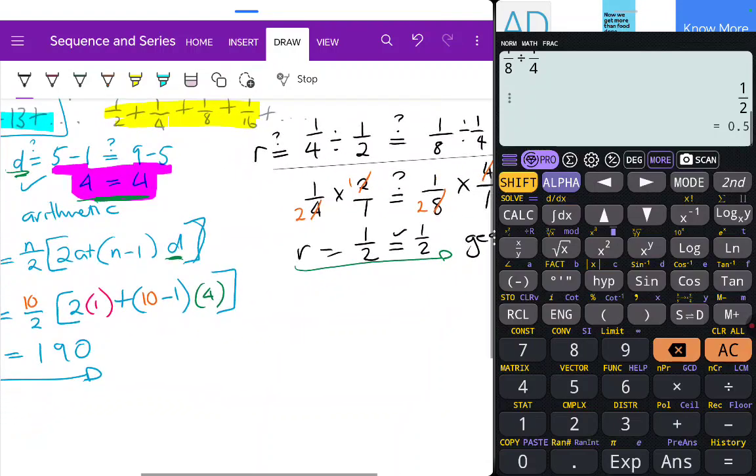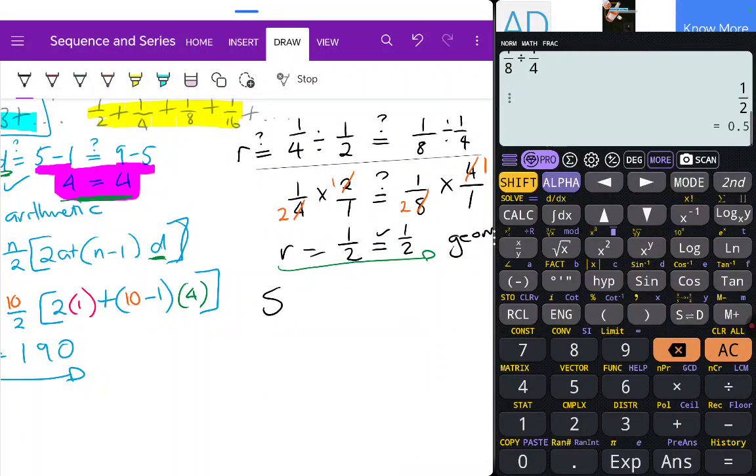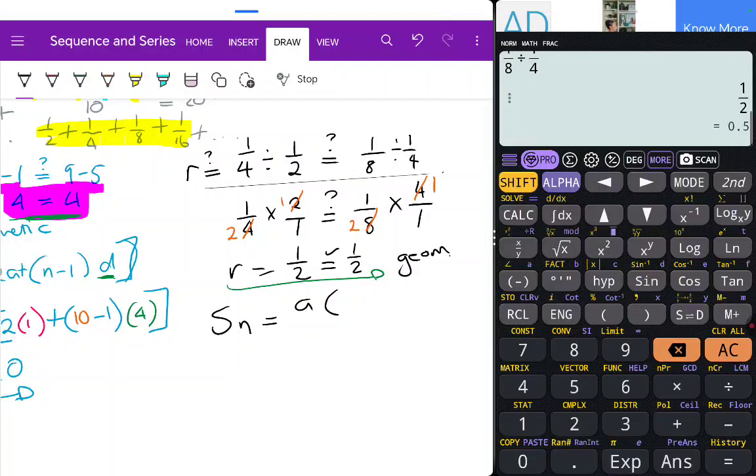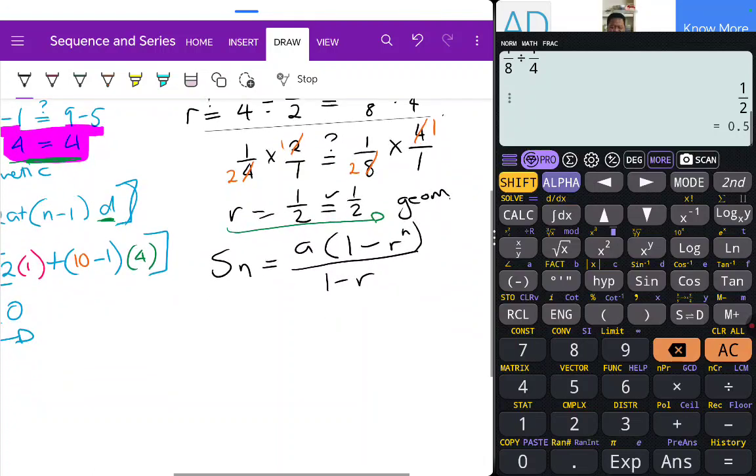Okay, now let's do the formula. The SN for geometric is a bracket. Now R is less than 1, which means 1 comes first. This is convergent: 1 minus R to the n over 1 minus R. Okay, let's substitute.